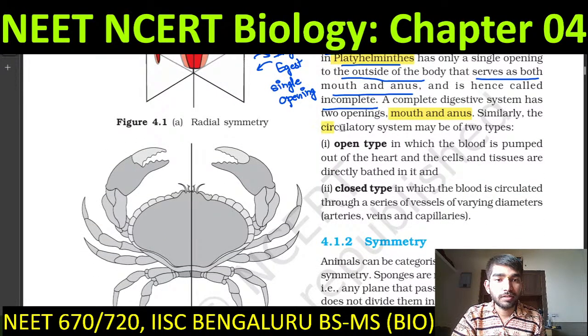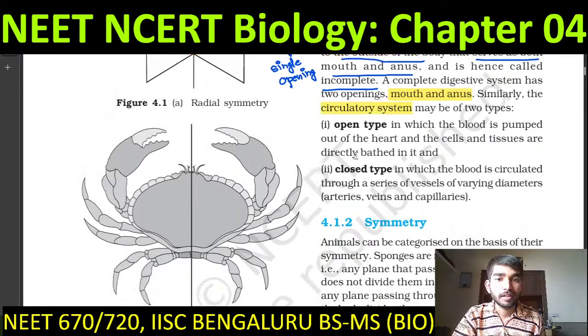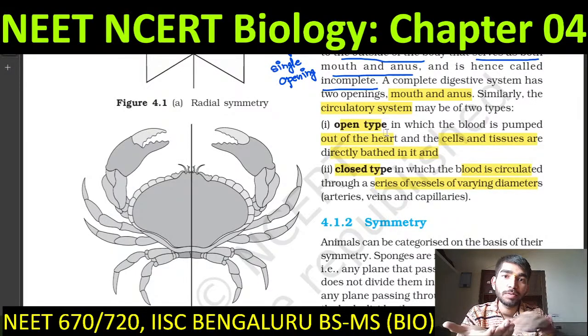Similarly, the circulatory system may be of two types. Open type, in which the blood is pumped out of the heart and the cells and tissues are directly bathed in it. And closed type, in which the blood is circulated through a series of vessels of varying diameters like arteries, veins, and capillaries. So open type means the heart is pumping the blood into an open space, and the organs or tissues there are directly getting the oxygen or nutrients from that.